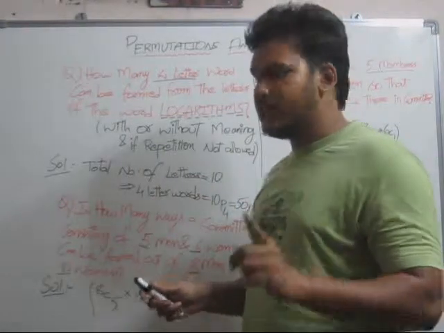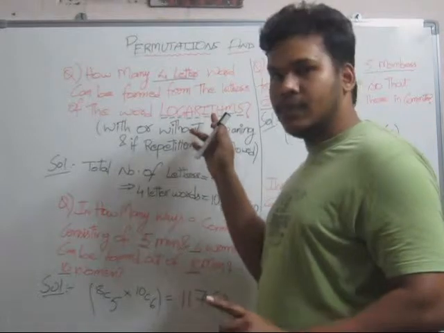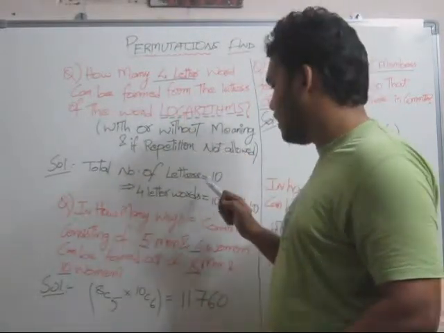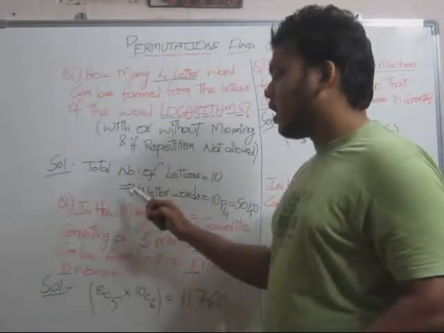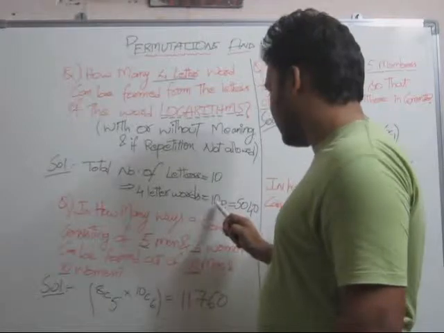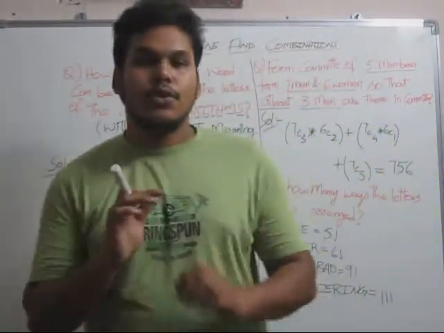The first step is to note how many letters are given in the word. The total number of letters in the word logarithms is 10. The 4-letter word count is 10P4, which results in 5040.